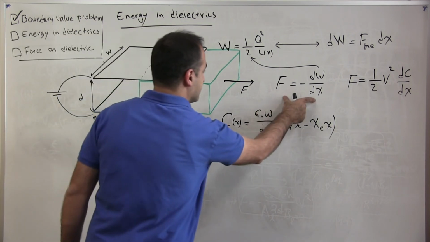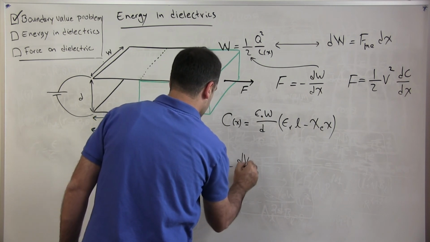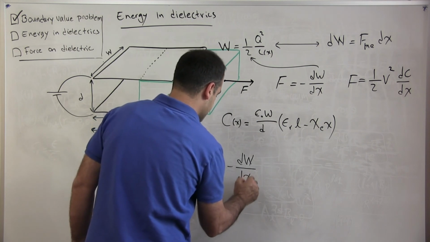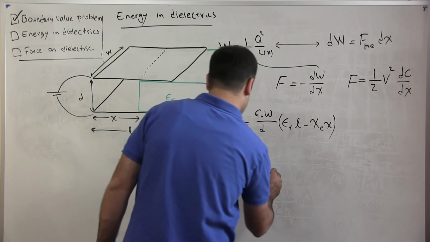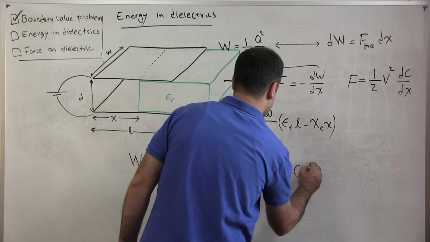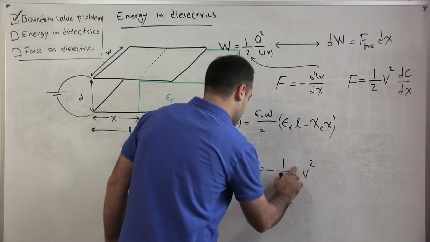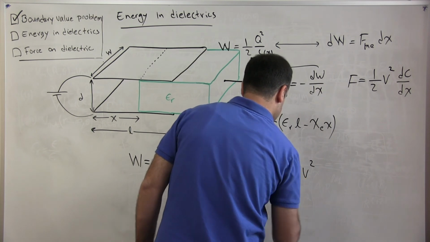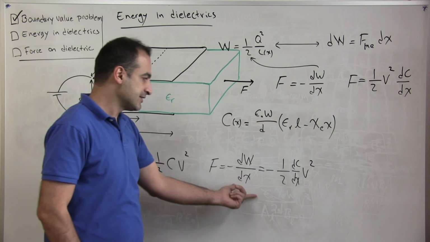And if you follow this, and say the force is negative of dW, the change in the energy of the capacitor, over dx, what you find is that you take the derivative of this, and that becomes negative 1/2 dC over dx times V squared, because V itself is a constant when you're taking this derivative.